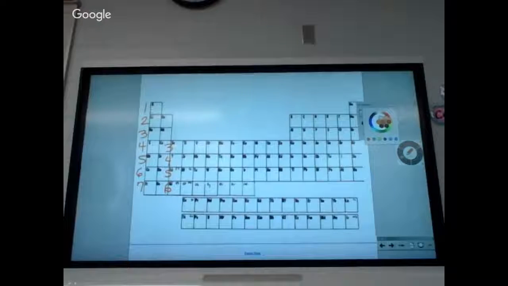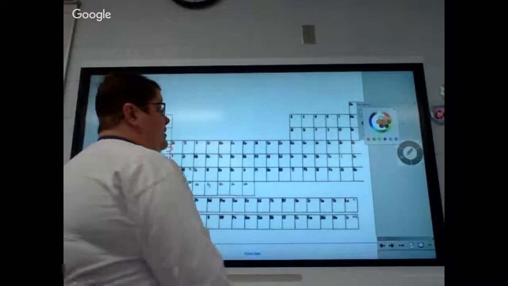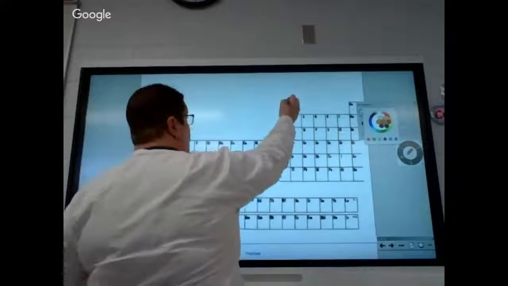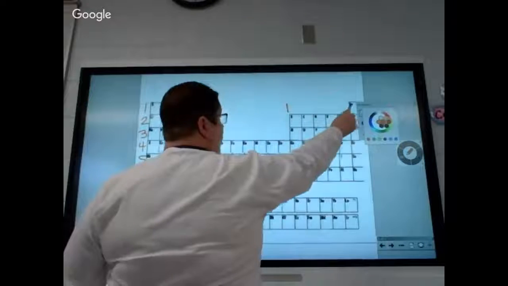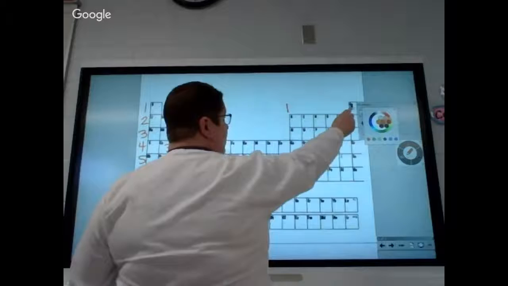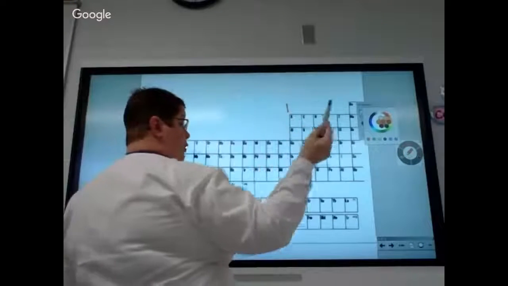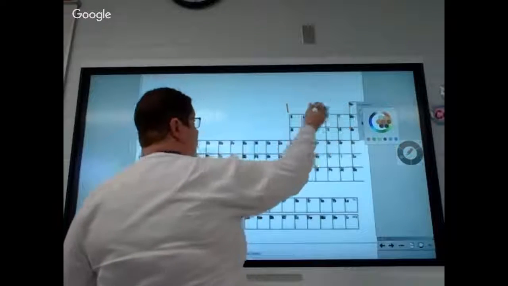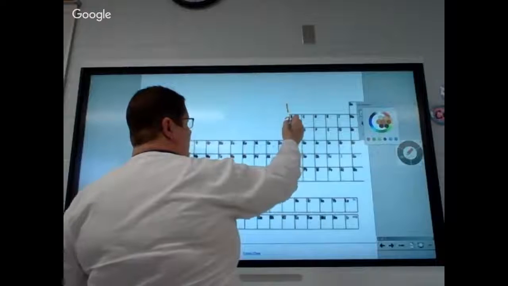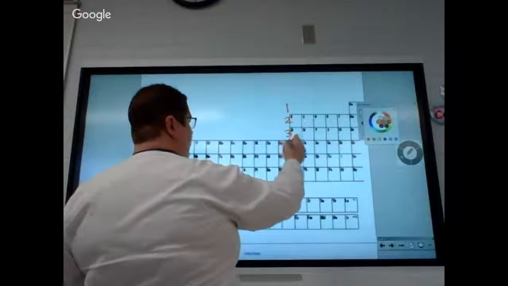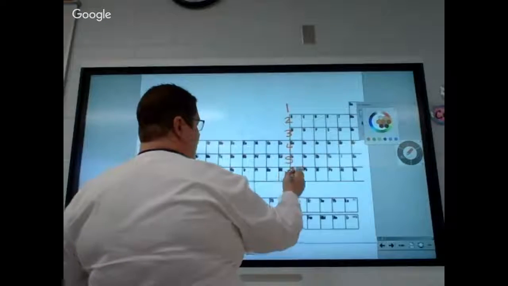Okay? Now, over here, some people like to write a 1 here for this one lone S that's over here. A lot of times I don't write that one, but if you want to write the 1 that goes with the helium, you can. But the P has a 2, 3, 4, 5, and 6.